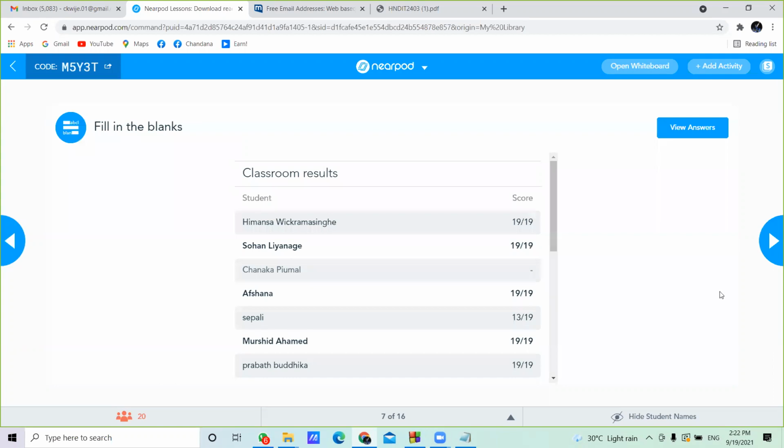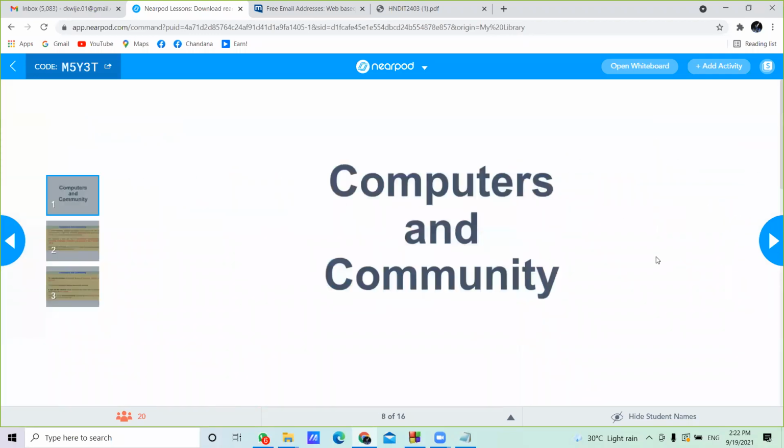Then we'll move to the next part: computers and community. The development of technology vastly affects the community, especially the introduction of networks and after that the internet.